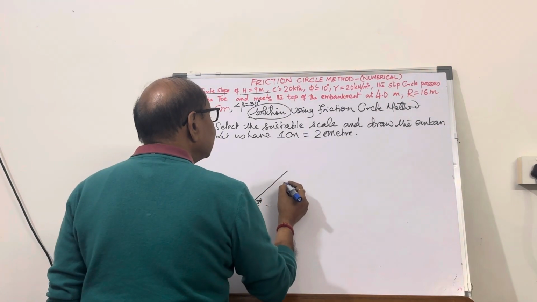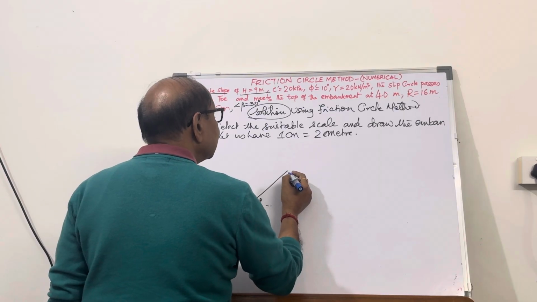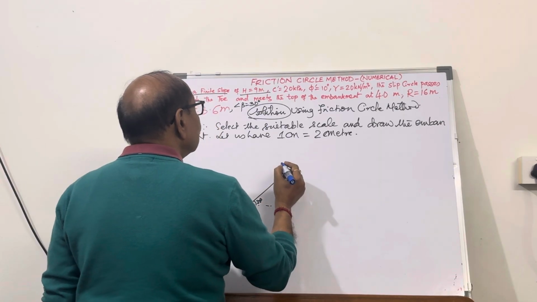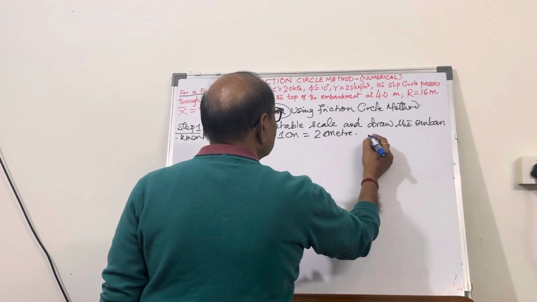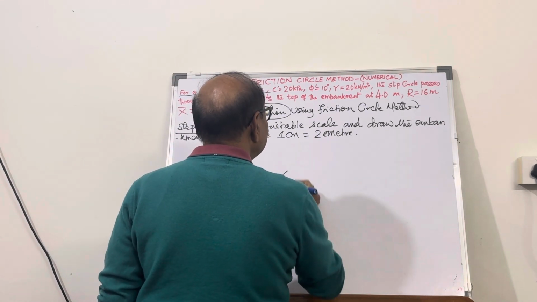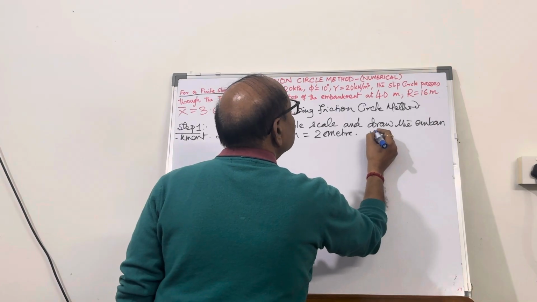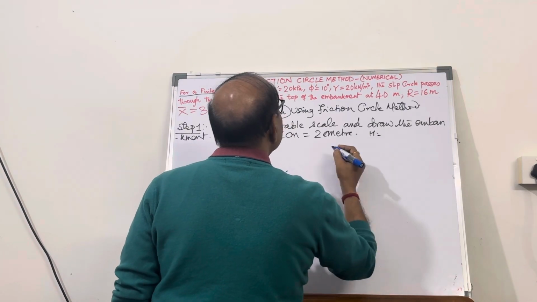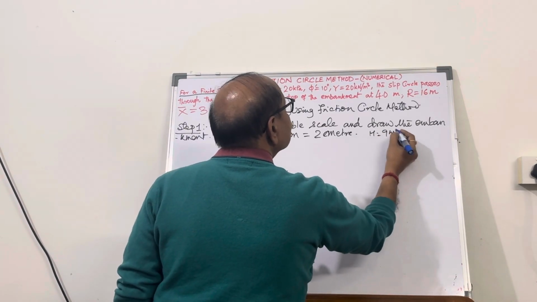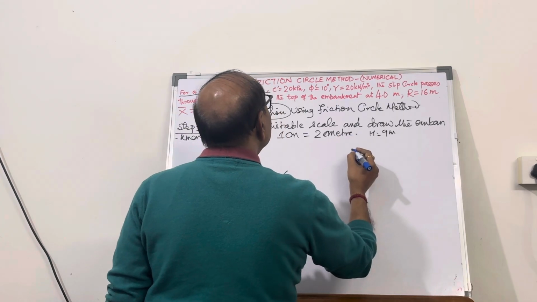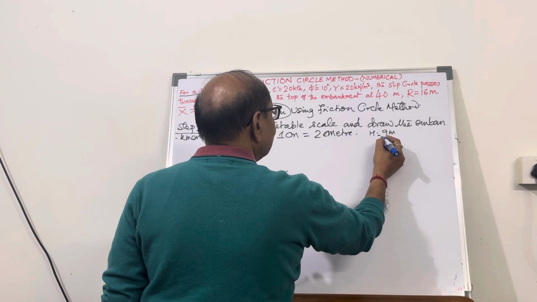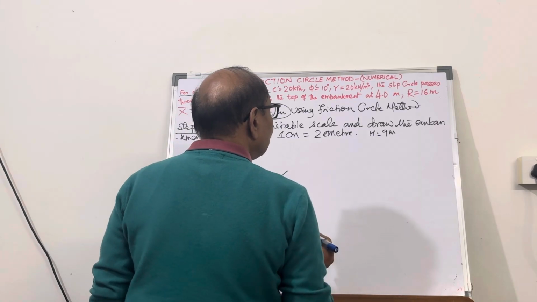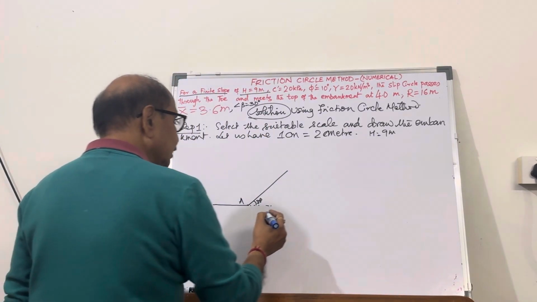So wherever it becomes 9 meter, that means 1 centimeter equal to 2 meter, that means you have h equal to 9 meter, so you have to draw the height equal to 9 divided by 2, that is 4.5 centimeter.